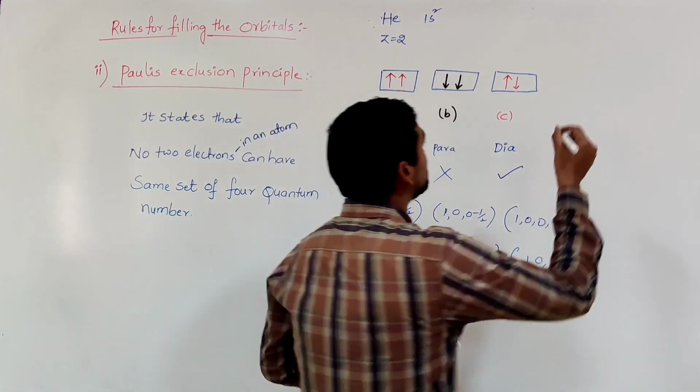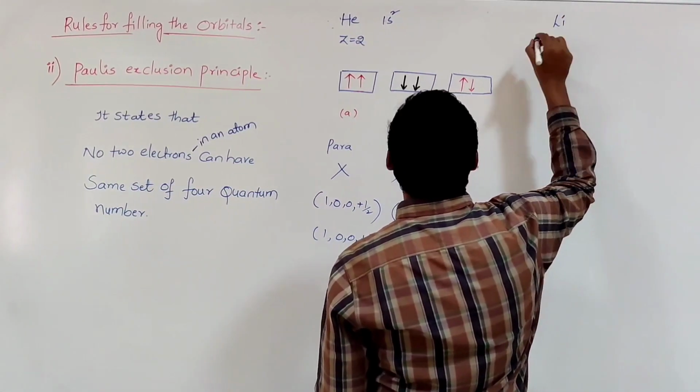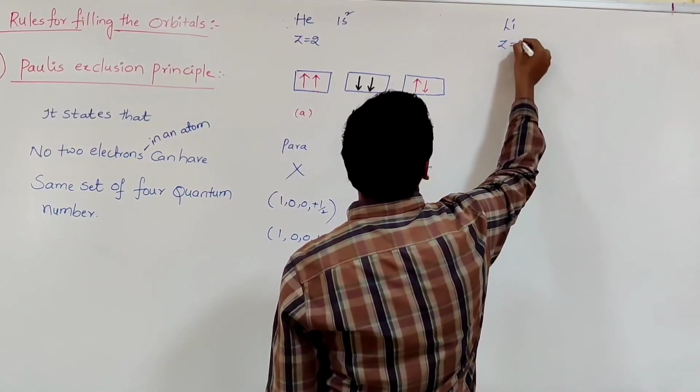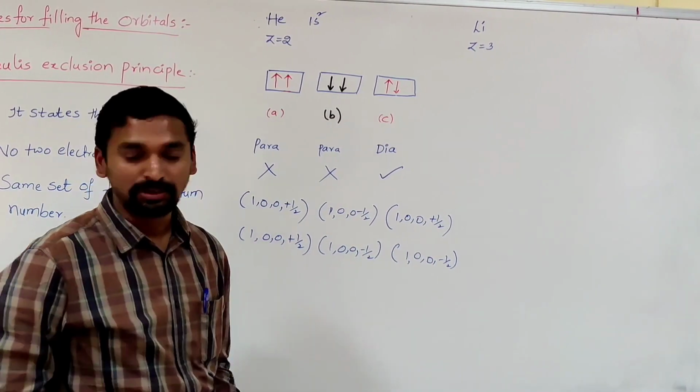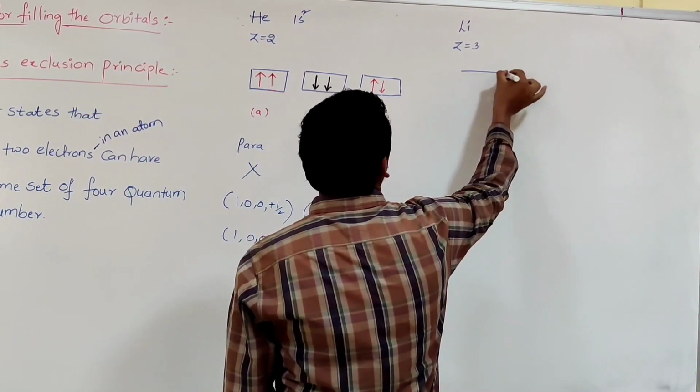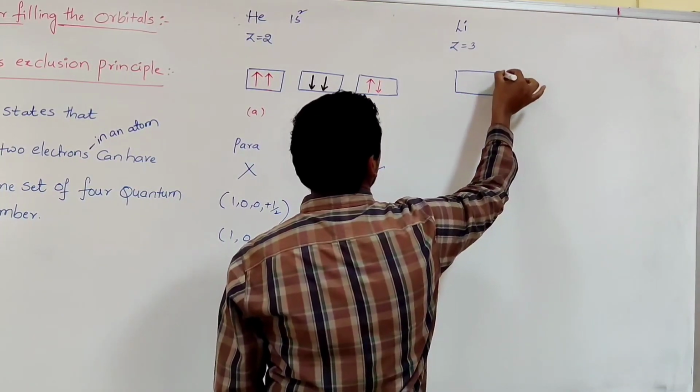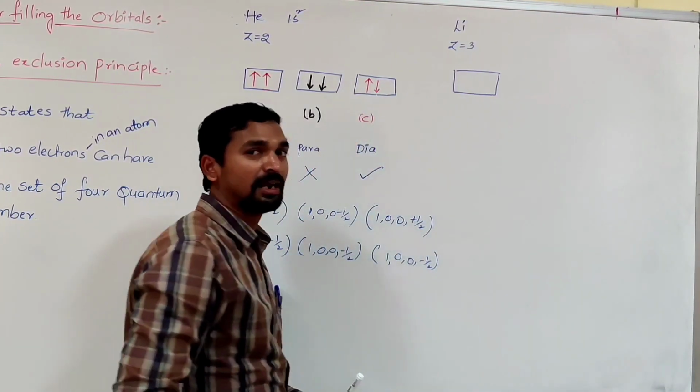Because let us take an example, lithium. In lithium, 3 electrons are present. So the 3 electrons have to be arranged in the orbitals. For example, let us take the first orbital, the 1s orbital.